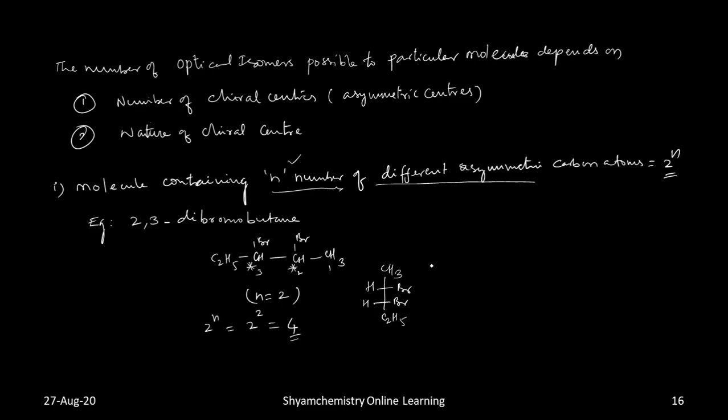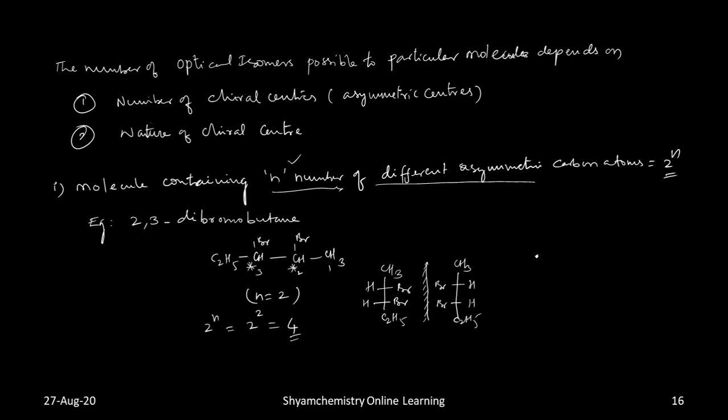Now it has a mirror image, optically active: CH3, here Br, H, Br, H, C2H5. Okay, one pair.